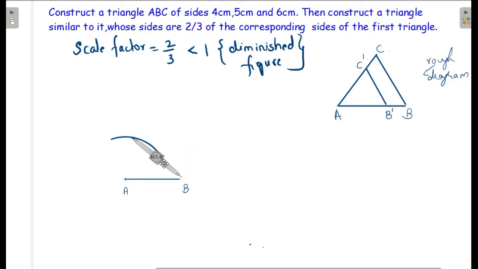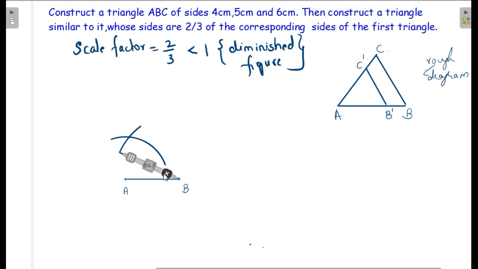Now, we have to keep the metal pointer at B and draw another arc intersecting the previous arc.